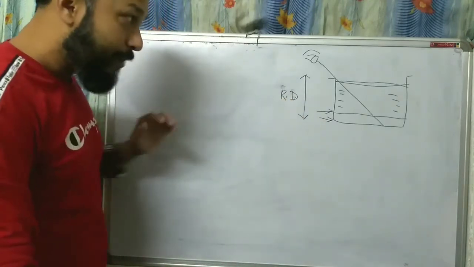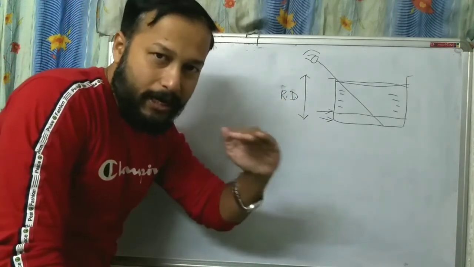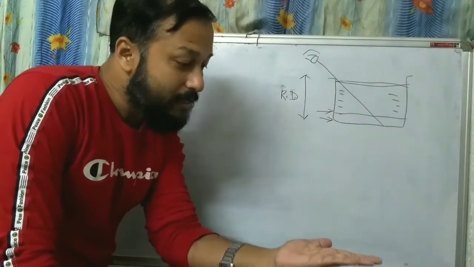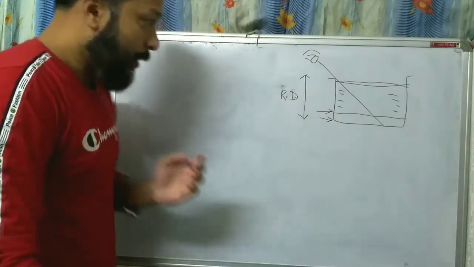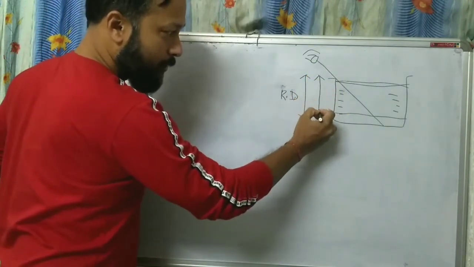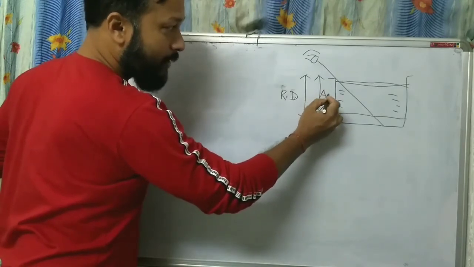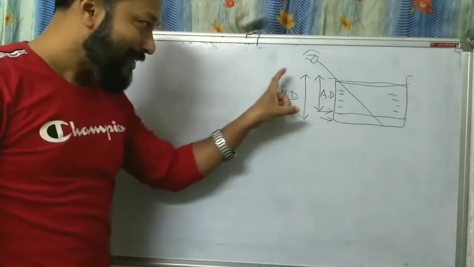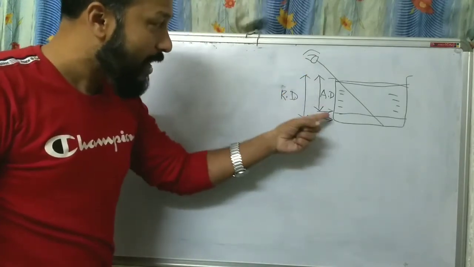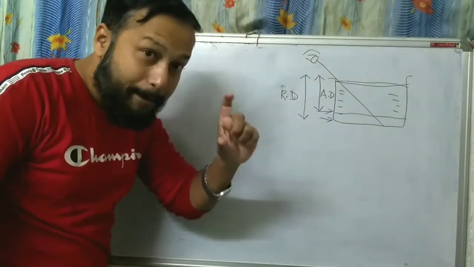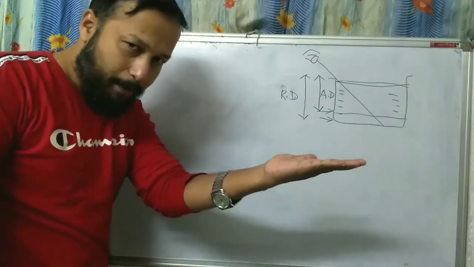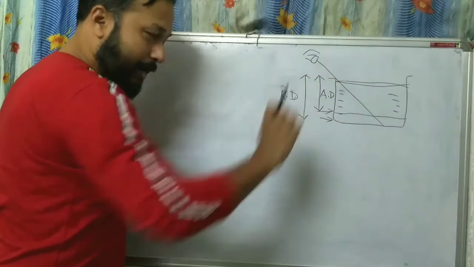But when the vessel is filled up with water, then you see that the base is raised up. Means now this is your apparent depth. This is the real depth, I mean actual depth, and this is the apparent depth. It appears like the base is raised up. So this is my apparent depth.